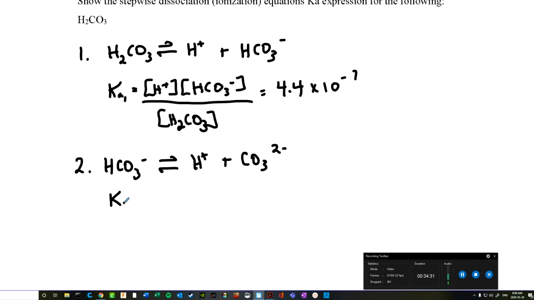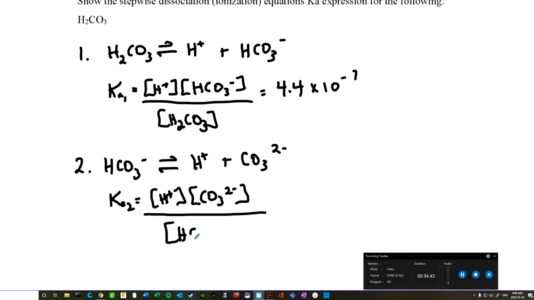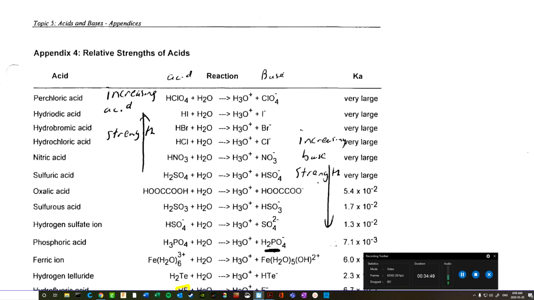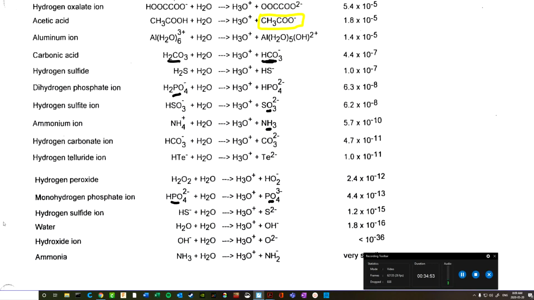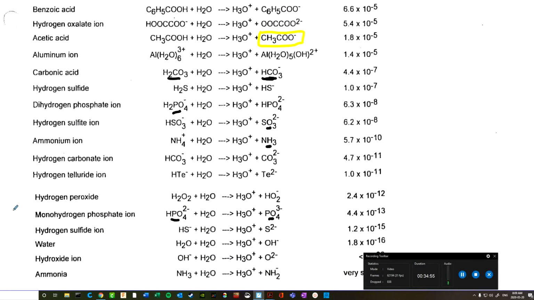So your Ka2 expression looks like this. And let's look up the value. We're looking for HCO3 this time. Where is it? Here it is. And it's 4.7 times 10 to the negative 11.